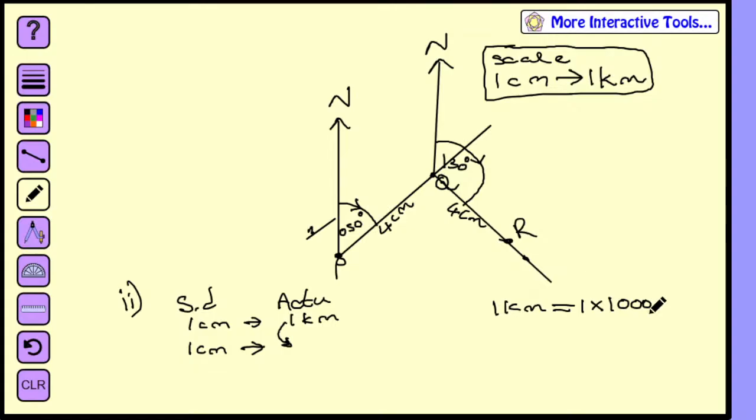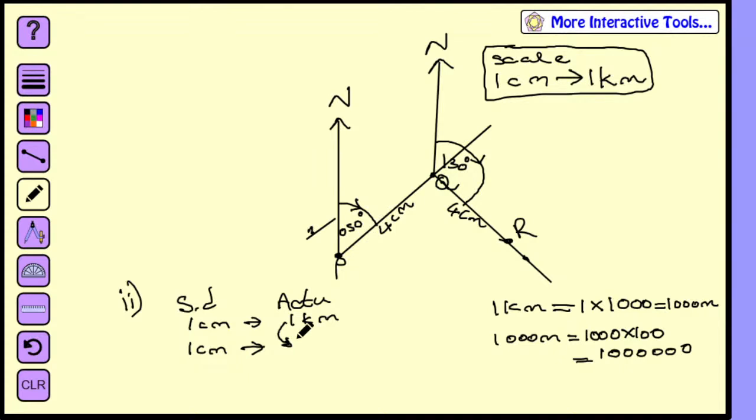So 1 kilometer means 1000 meters. So what is 1000 meters in centimeters? How do you convert meters to centimeters? Multiply by 100. So 1000 times 100 gives you 100,000.